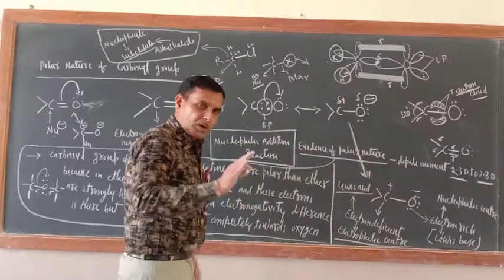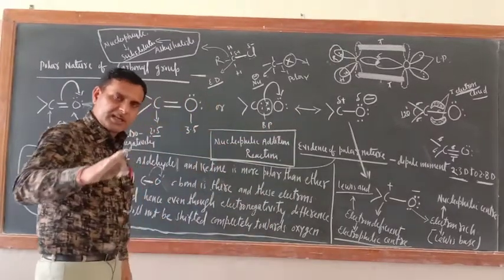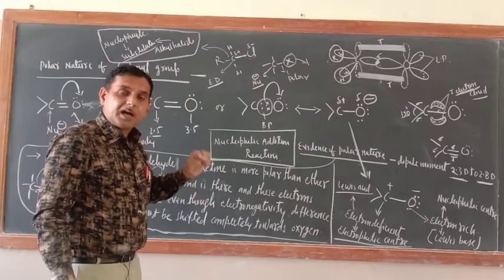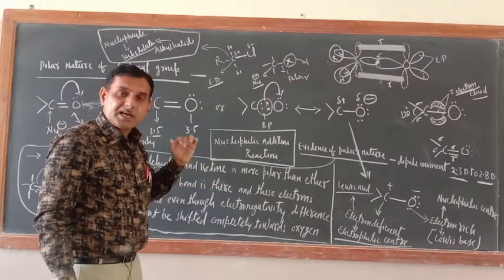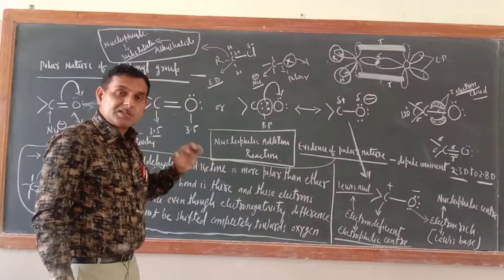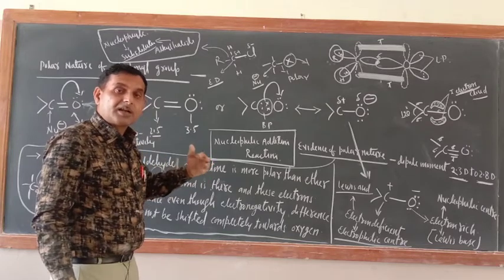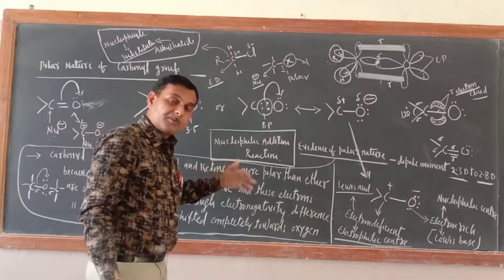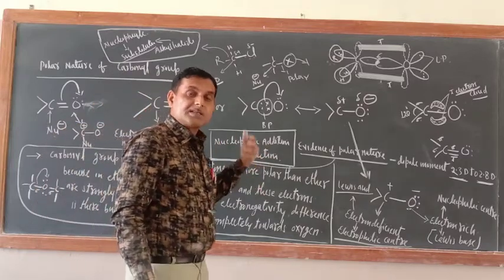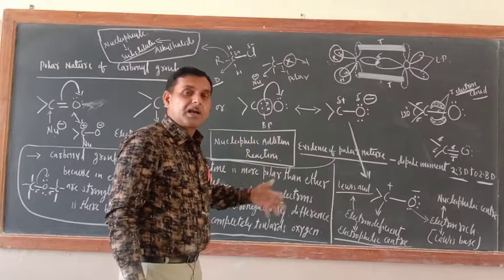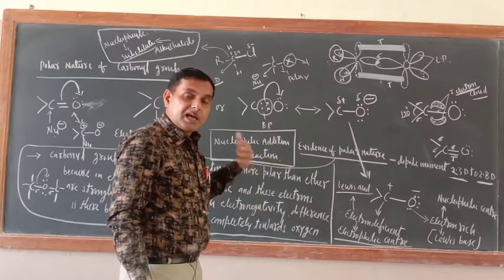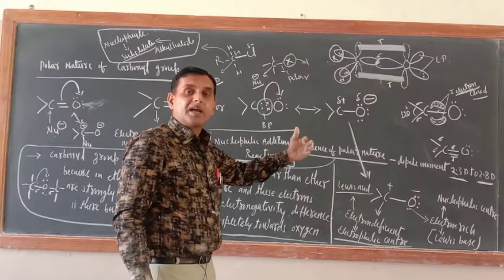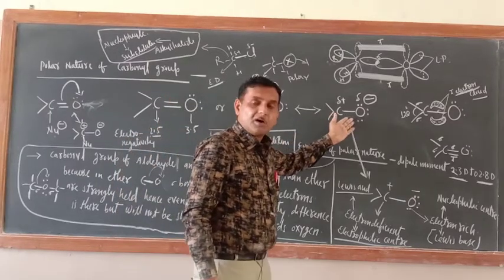So the polarity in ether is less than that of the carbonyl group, because between carbon and oxygen a sigma bond is there and sigma electrons are strongly held, so they are not completely shifted toward the oxygen atom, unlike the carbonyl group where one cloud is a pi electron cloud. Hence pi electron clouds are loosely held and are completely shifted towards the oxygen atom.